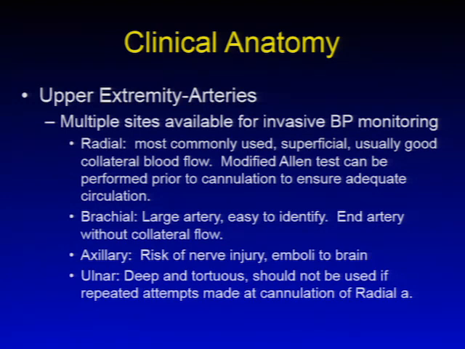However, the proximity of several nerves make it high risk for nerve injury. There's also the potential for emboli to the brain. The ulnar artery is deep and tortuous and should not be used if repeated attempts at cannulation of the radial artery have been attempted, as this may interrupt collateral flow to the hand.